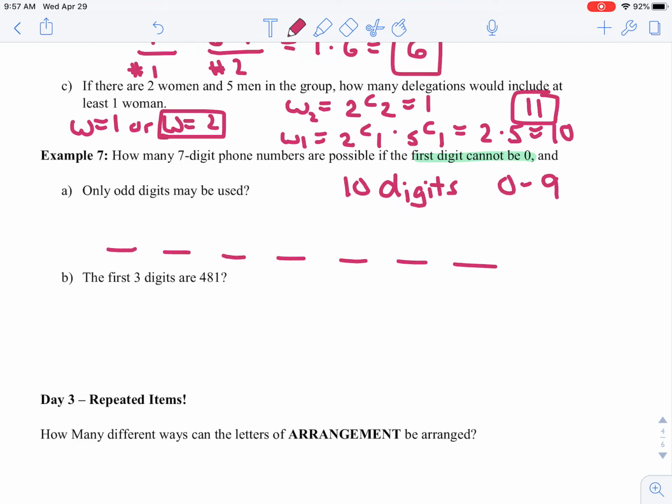So in part A, we know it can't be 0 in the first spot, and only odd digits may be used. So you think about odd: you got 1, 3, 5, 7, 9. You got 5 of them. So I do have 5 choices here, and I would have 5 choices everywhere because that 0 does not affect us at all.